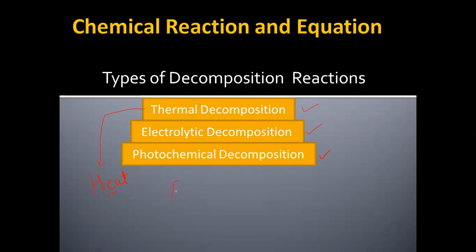So you have a single reactant. Heat is applied and two or more desired products are formed. Suppose A and B are the products formed during this reaction. In electrolytic decomposition, a similar process occurs, but instead of heat, the energy is electricity.